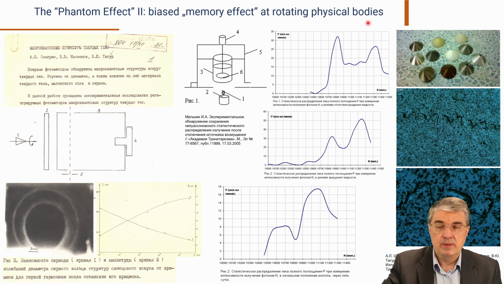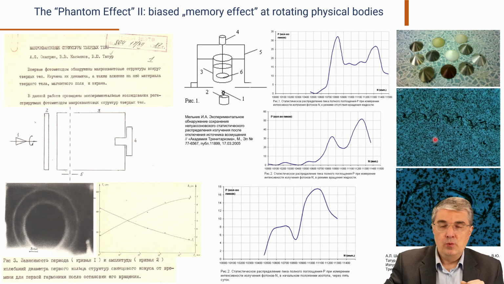People said, look, there is a strange phenomenon from a rotating body which has similar phenomenology. And indeed, I found a number of publications, related to probably the end of the 80s, 90s, beginning of the 2000s. In these setups, people rotated different bodies, such as conic bodies and others.